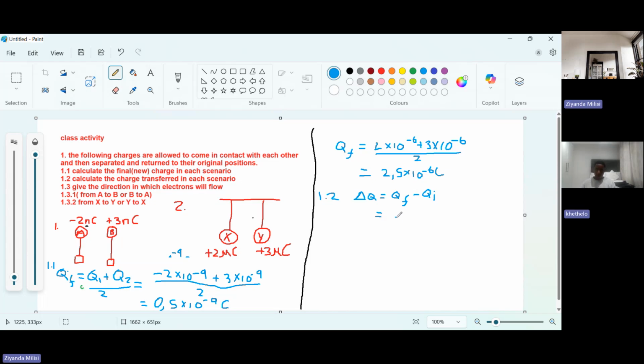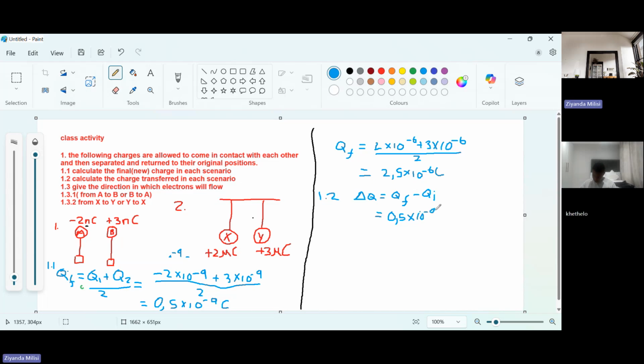Your Q final for the first scenario was 5 times 10 to the power negative 10, or 0.5 times 10 to the power negative 9.